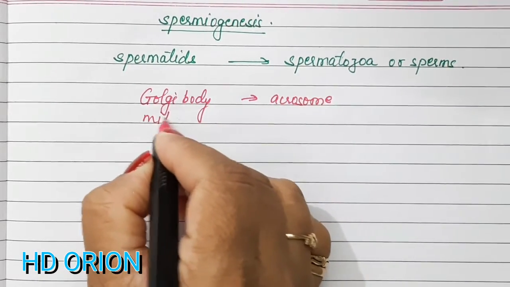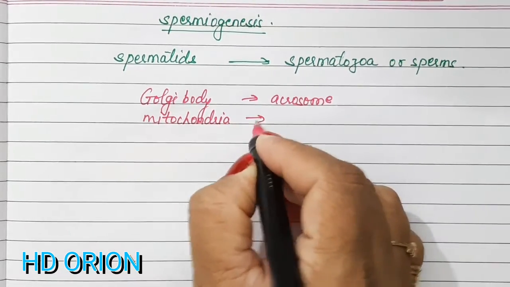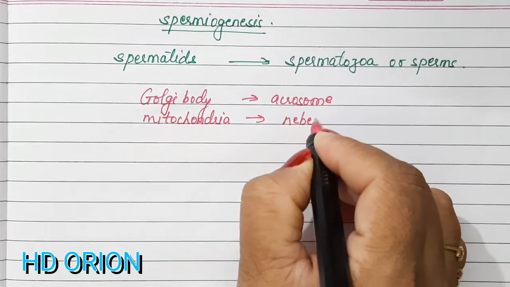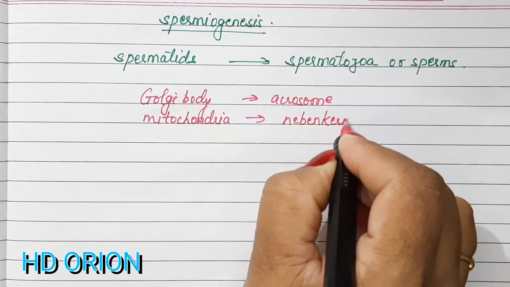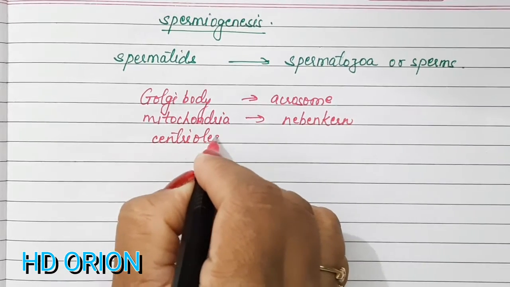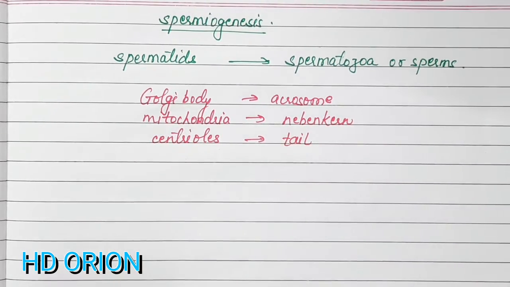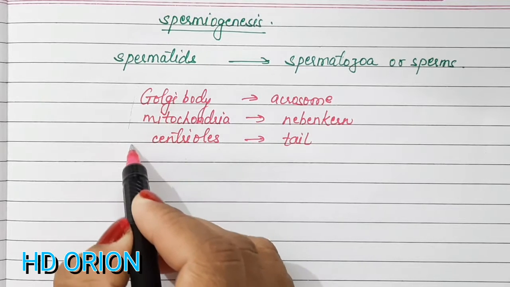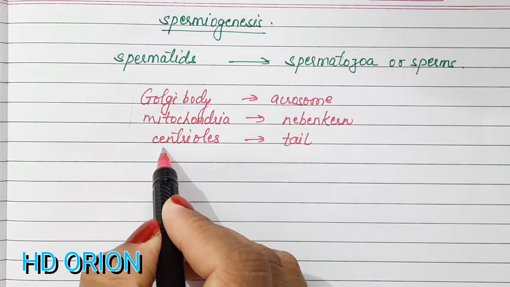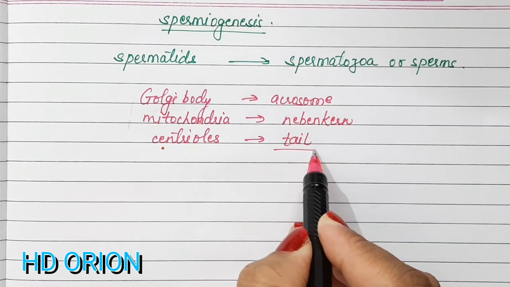The mitochondria will take a spiral shape and will be called Nebenkern, and the centrioles will give rise to the tail and the spindle fibers that will be formed during the division of the zygote. So these are the changes that take place during the formation of a mature sperm, especially the long tail.